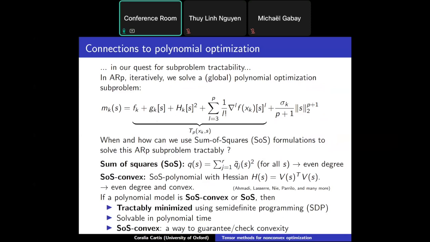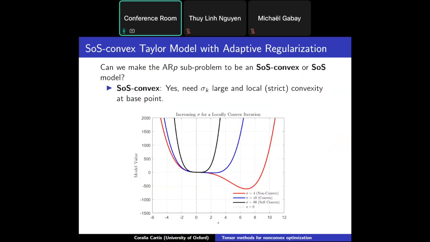You need a few ingredients here, and you need this two norm to the right power. Okay. And this plot shows that as sigma increases, s equals 0 is this base point here. So as sigma increases, this is the largest sigma, the fourth order dominates, so it brings up this third order. Okay, the third order is kind of what causes us problems, yes.